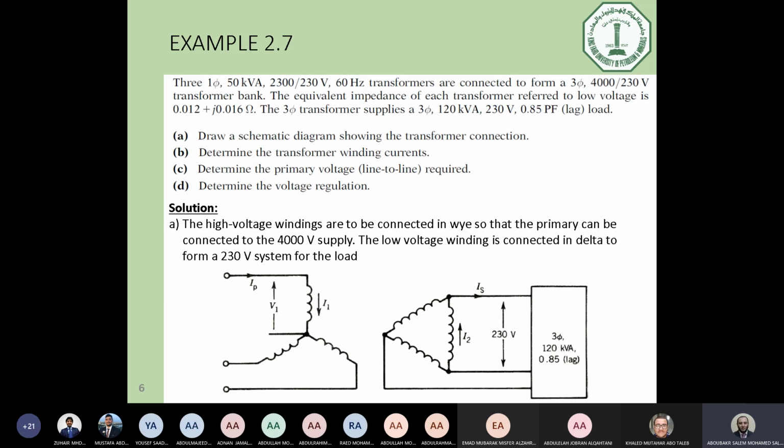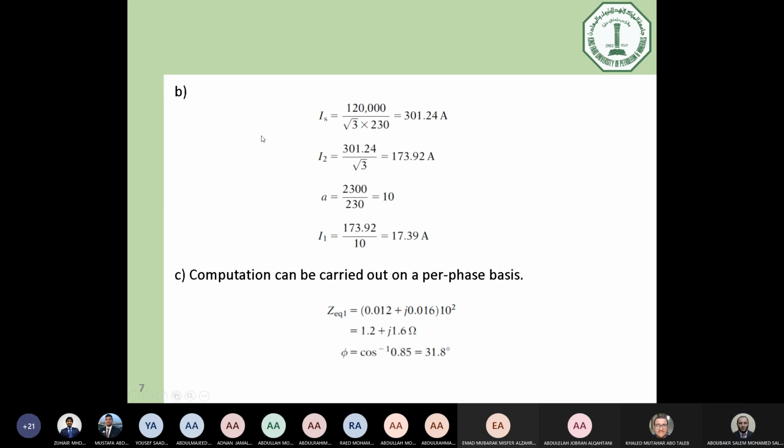So the impedance we have now in the problem is referred to the secondary side. We need to convert to the primary side and solve all of the problem referred to the primary side, so we can get Z equivalent 1 referred to primary, so we have to multiply by turns ratio squared.